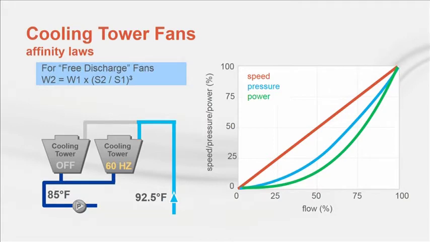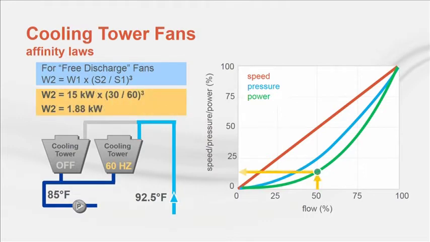What is the tower's power requirement here? Because as a system, the tower operating characteristics comply with the affinity laws, at 50% flow, it requires 25% fan pressure and consumes 12.5% power. Its fan power draw is now only 1.9 kW.